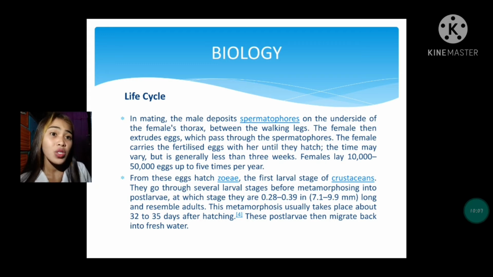The zoea is the larva that swims and floats, and in other species others eat these larvae. The swimming eggs become the zoea. They go through several larval stages before metamorphosing into post-larvae, at which stage they are 7.1 to 9.9 mm long and resemble adults.